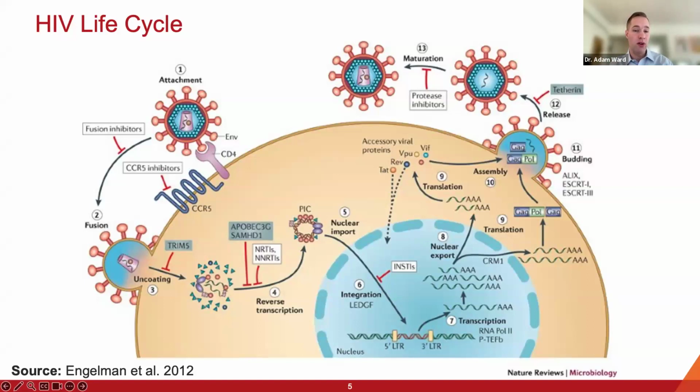So the new viral genetic material is permanently integrated into the genetic material of the cell that it is infecting. And once this happens, the cell is permanently infected with HIV. So this is a really important step of the viral life cycle. We call this integrated HIV genome a provirus.